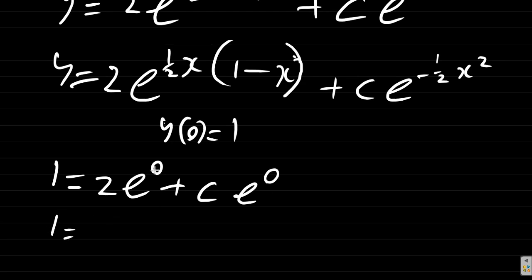So 1 is equal to, e to the 0 is 1, so 1 is equal to 2 plus c. So c would be 1 minus 2, which is negative 1.